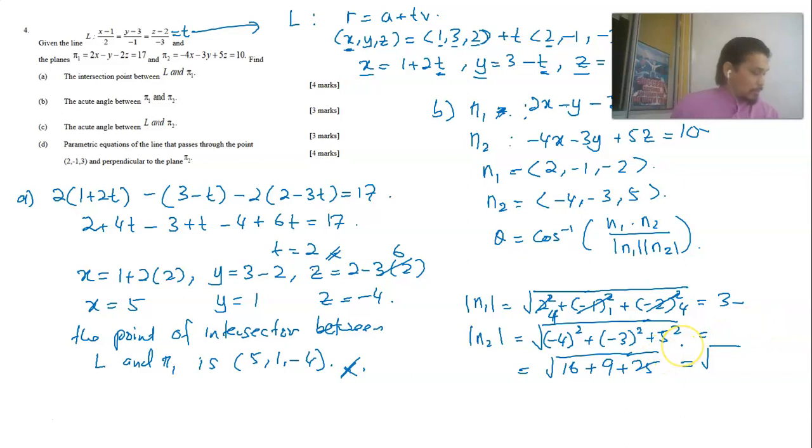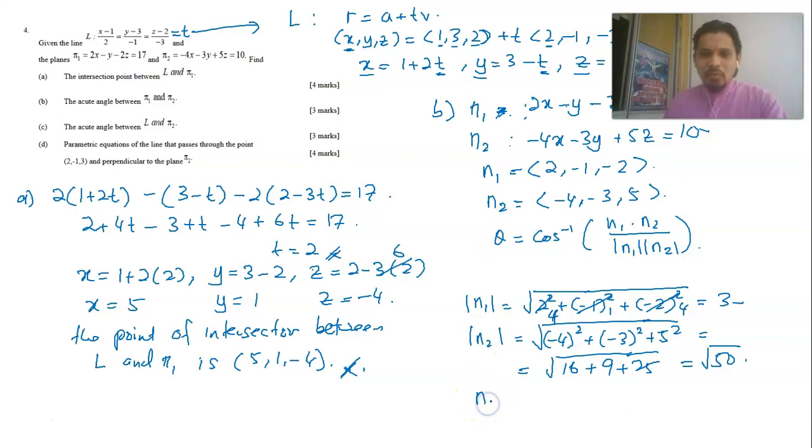Sorry, 16 plus 9 plus 25, 50. Square root of 50. Okay. Anyway, let's just continue. So now, back to this question again.